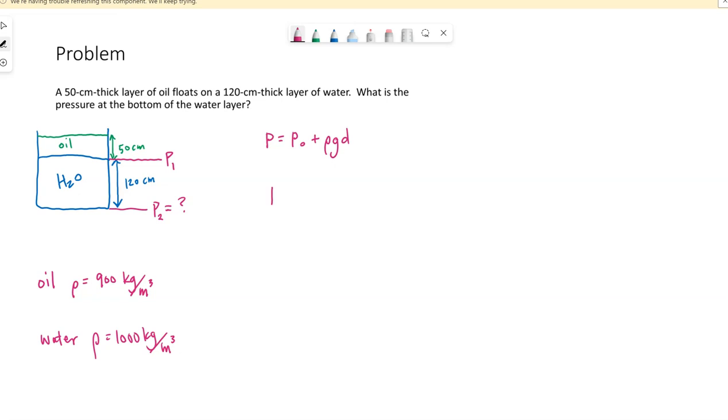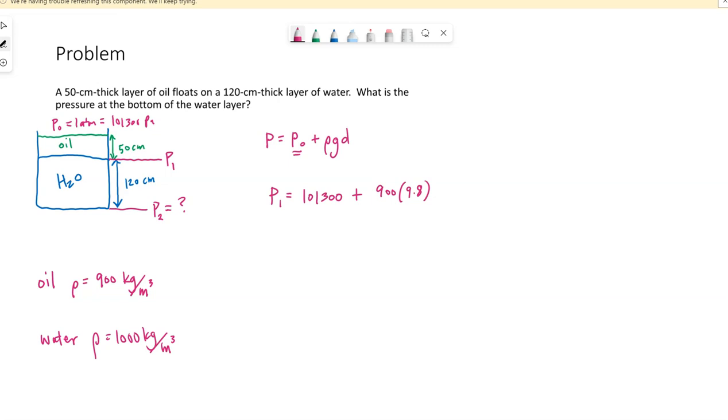So P1. P naught is the pressure at the surface. So up here at the top, P naught is 1 atm. But we will want that in pascals in order to add it to this rho GD term. So rho, the density of the oil, is 900 kilograms per cubic meter.